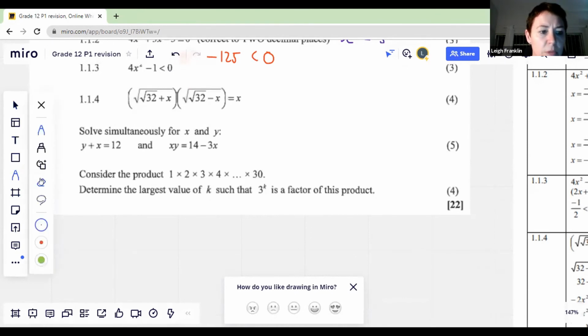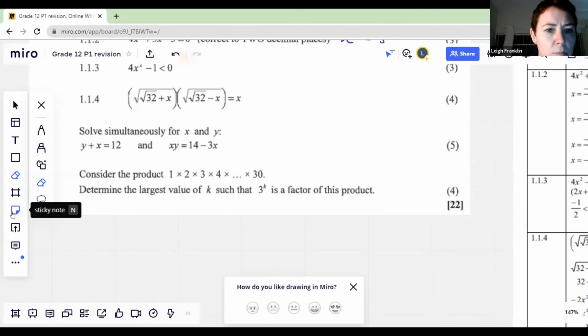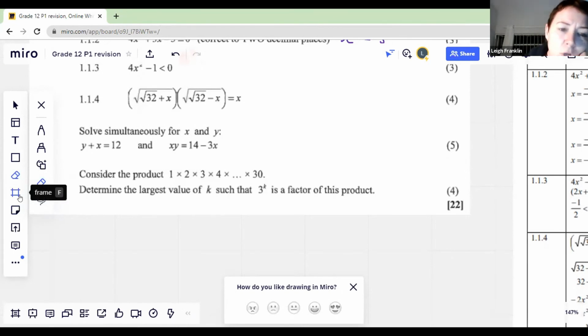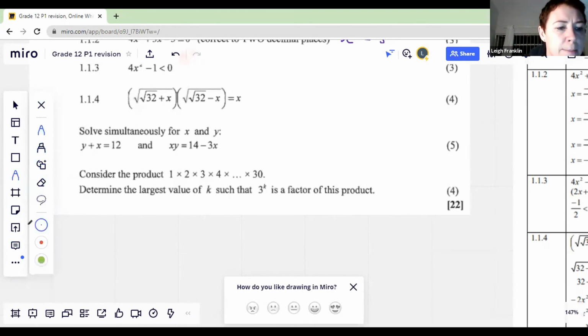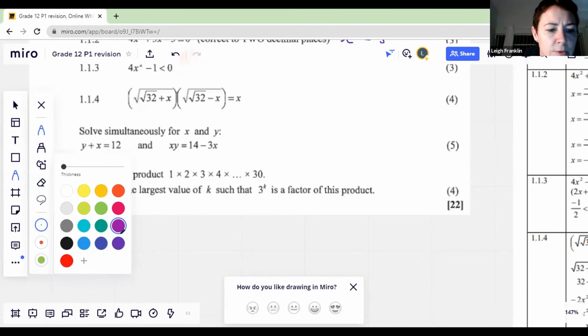Ma'am, do we say that the first bracket is equal to x, and the second bracket is equal to x? Unfortunately not. Imagine if you had a situation like this. I'm just going to write something here.